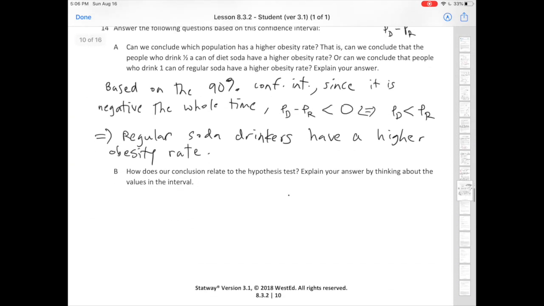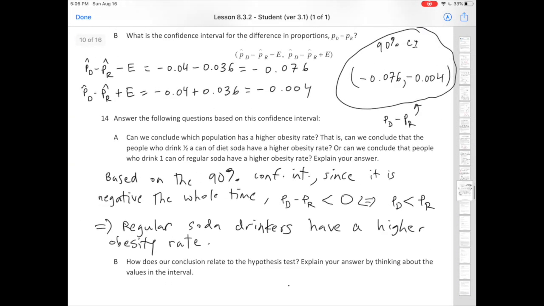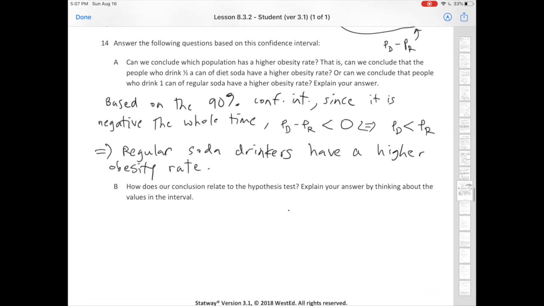And then what did we conclude over here? Again, we actually concluded the same thing, didn't we? That regular soda drinkers have a higher obesity rate. Why? Again, because it is negative the entire time. If it went from negative to positive in the confidence interval, then we can say that we're not sure which one is bigger, right? Because 0 allows for the possibility that they are equal to each other.